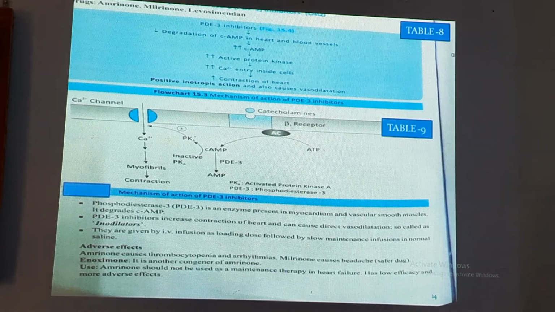These are the mechanism of action of phosphodiesterase inhibitors, and other remaining portions we will discuss in the next class. So thank you.